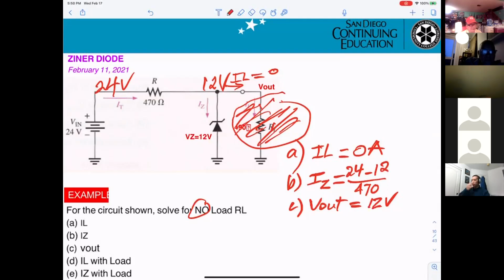The reason is the zener is in breakdown. When you get 24 volts in here, it's supposed to be 24 volts here. However, the zener diode breaks down, so you cannot get 24 volts here.